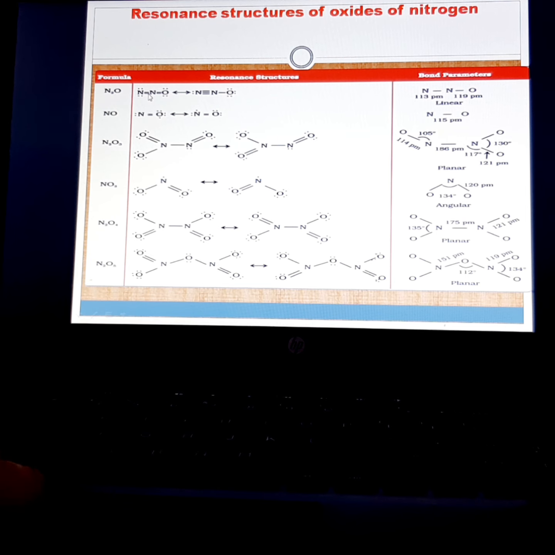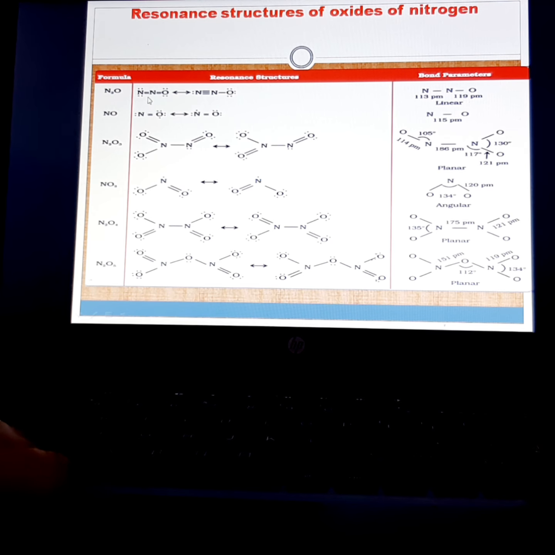It is shared by 1 electron from this nitrogen, and here 4 electrons are already there as lone pair. Only 1 electron is utilized for the formation of this bond. So 1 electron from this nitrogen and 1 electron from this nitrogen form this bond, so we will get a double bond. Then resonance means just a shifting of the electrons and pi bonds. From here 1 electron will be shifted to here, so 2 electron pair is converted to 1 lone pair.